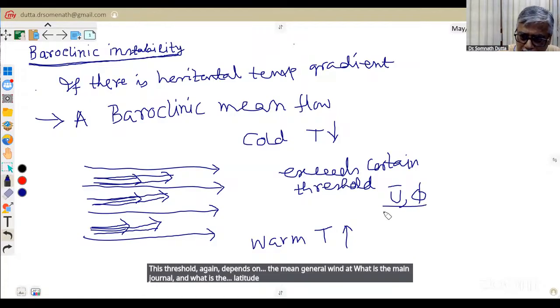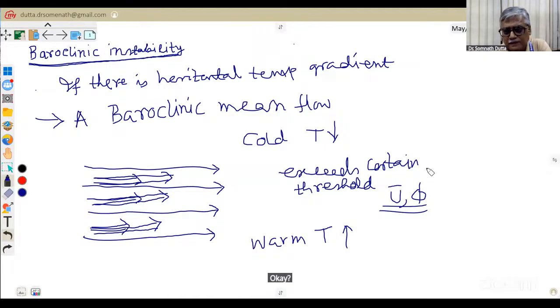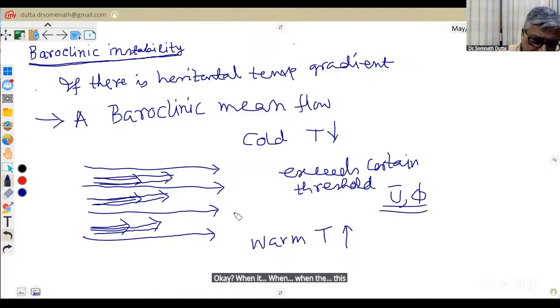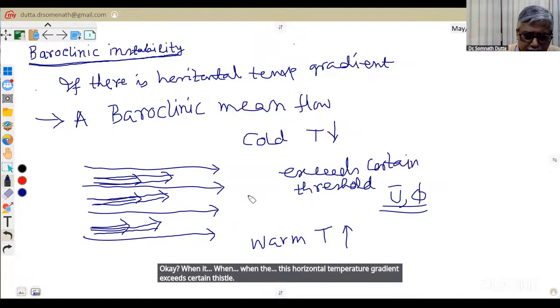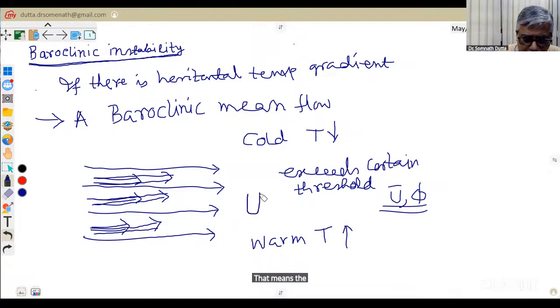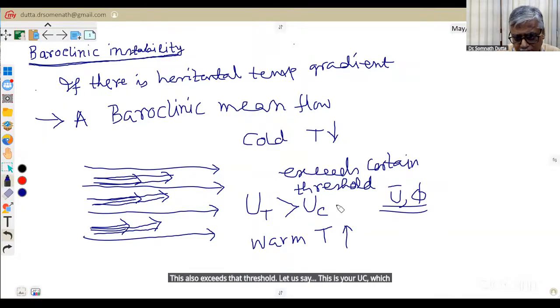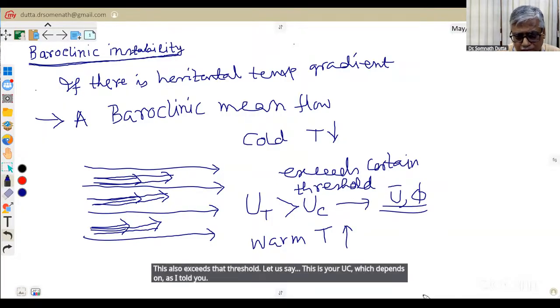It depends on these two things. So when this horizontal temperature gradient exceeds a certain threshold, that means the thermal wind also exceeds that threshold. Let us say this is your UC, which depends on these two quantities.